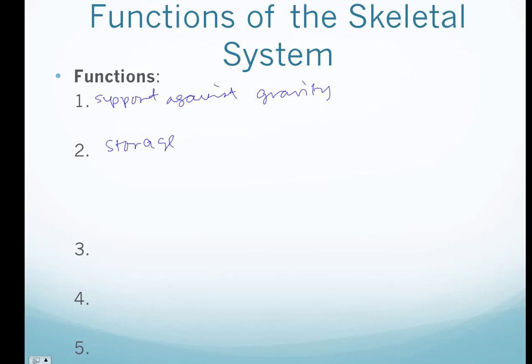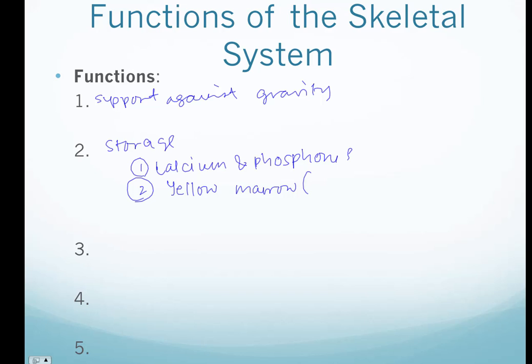We have calcium and phosphorus, so our minerals and ions. And this is also where we can store our adipose, or our yellow marrow. Well, yellow marrow is actually adipose. Okay, and this is going to be found in the internal marrow cavities.